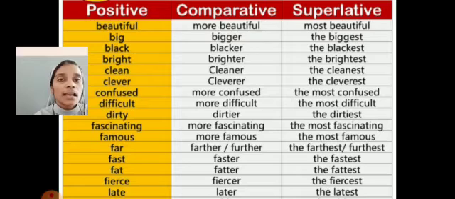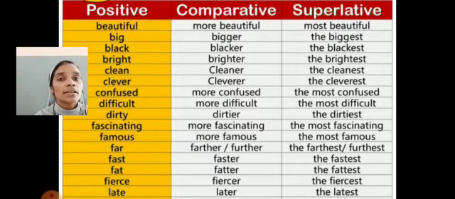How to say Aman is the smallest in the class? Aman is the smallest in the class. Here we used superlative degree.